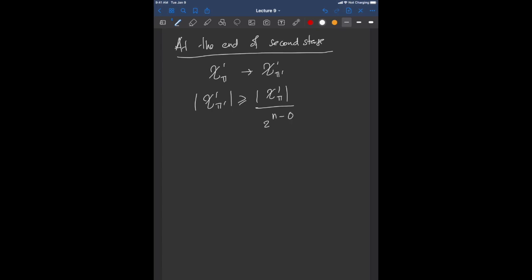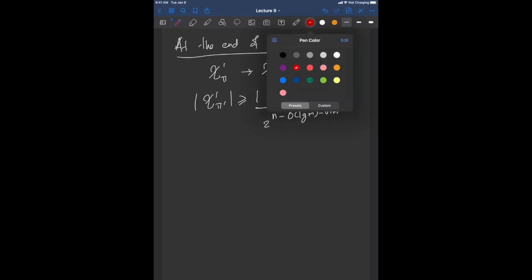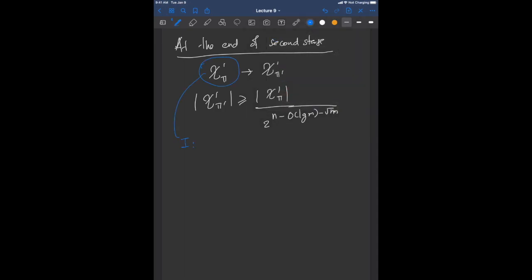It's something like n minus order log m minus square root m, right? So we have this guarantee, and now remember that associated with x dash pi we had this set of revealed rows. So with x dash also we will think of them as the revealed rows.